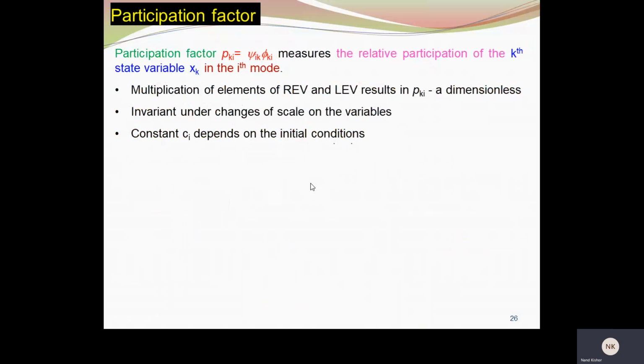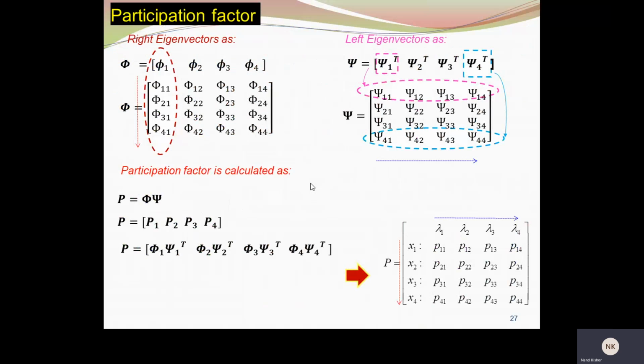So I take an example to illustrate how we determine the participation factor. We have the right eigenvector, which is a column vector. So you have this matrix, let us say phi 1 with the elements phi 1 1, phi 2 1, phi 3 1, phi 4 1, because on this side you have the state variables.